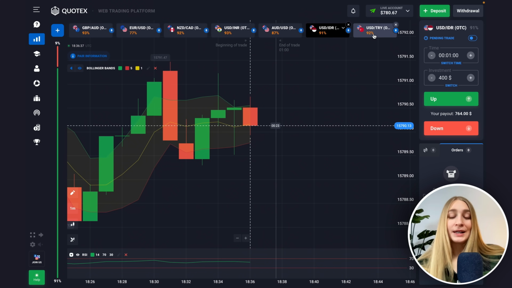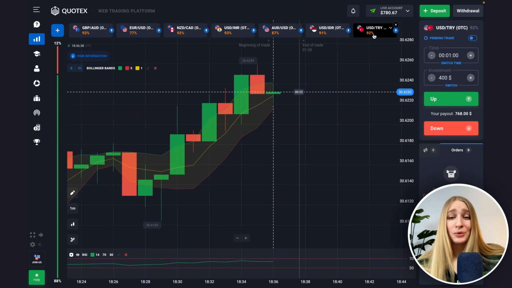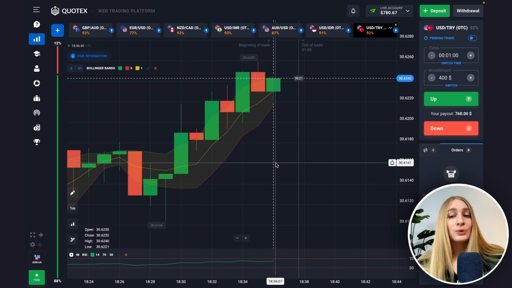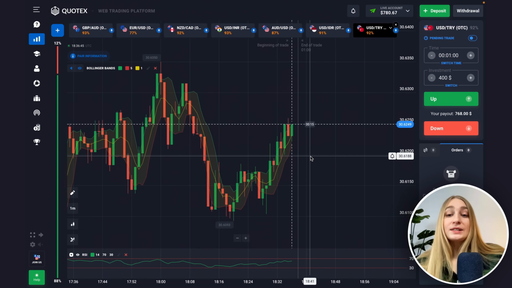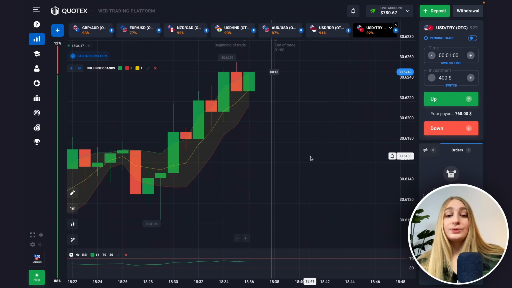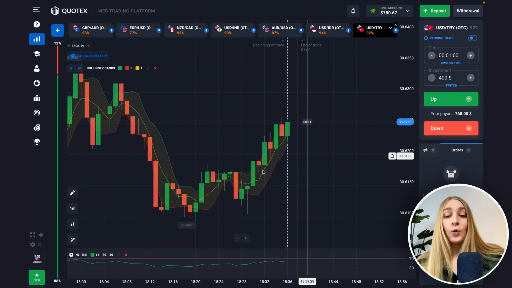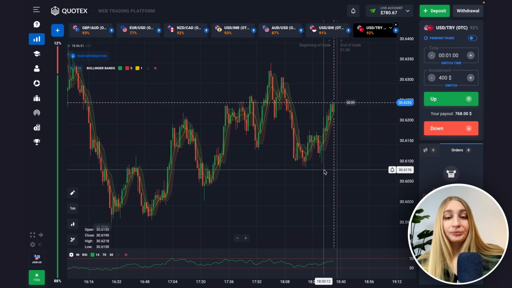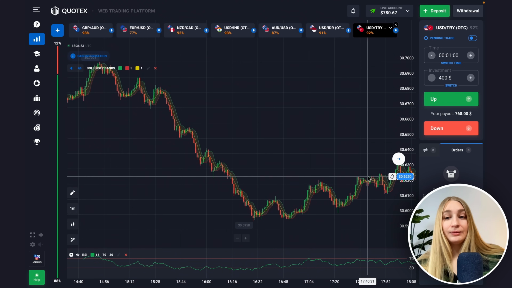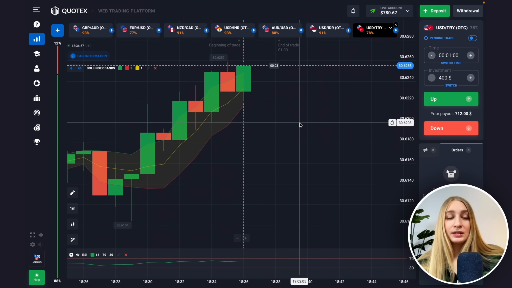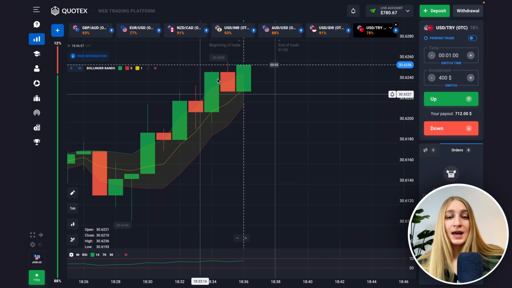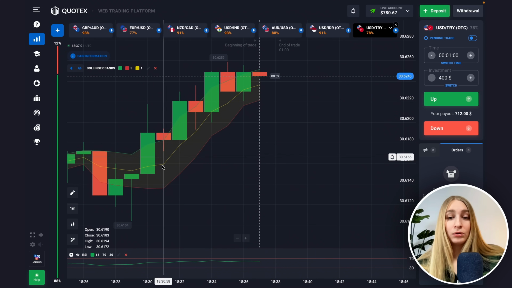I'm not really sure what I can do here, so I think I will wait a little bit and go to the last currency pair, of course. So let's explore this pair also and see the whole graphic. And zoom in now.